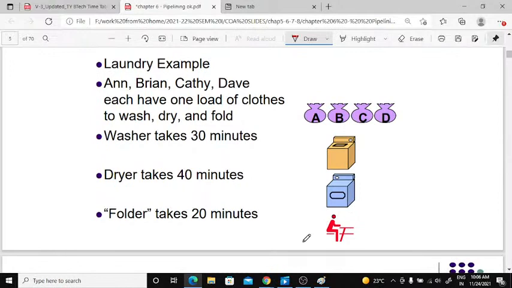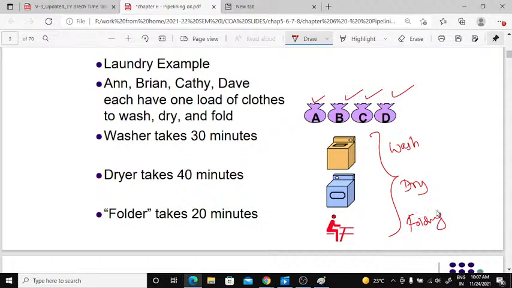We also discussed a simple example: there are four loads of clothes, and each load needs to complete three tasks: washing the clothes, drying the clothes, and folding.